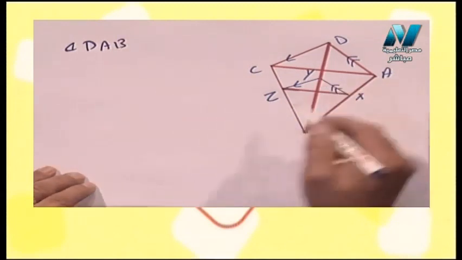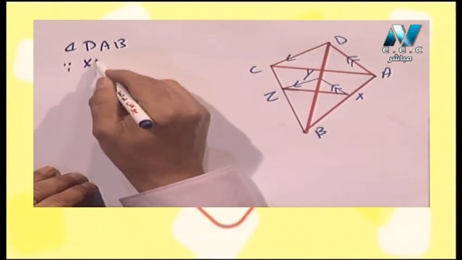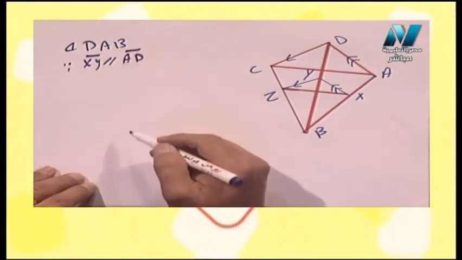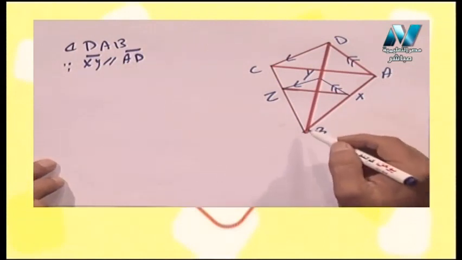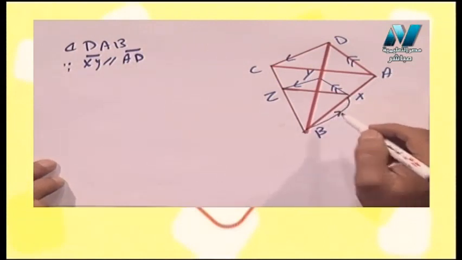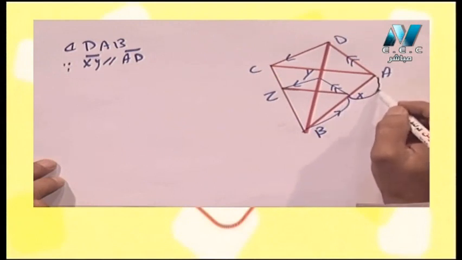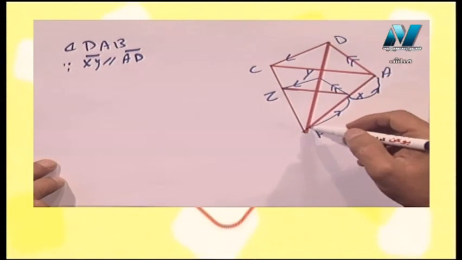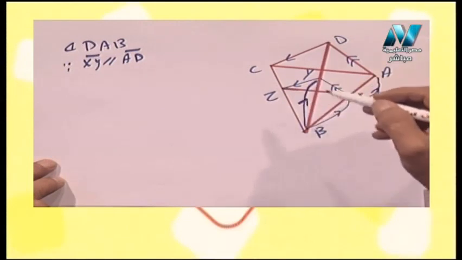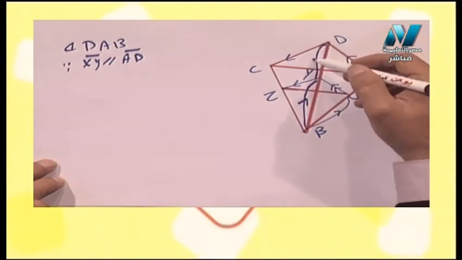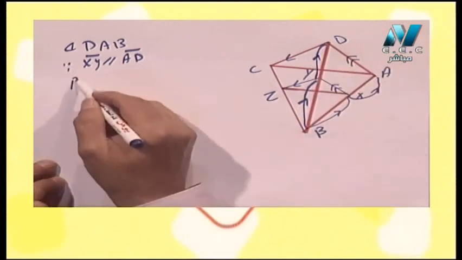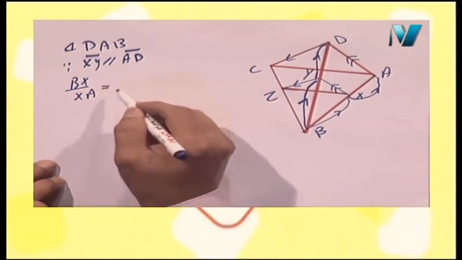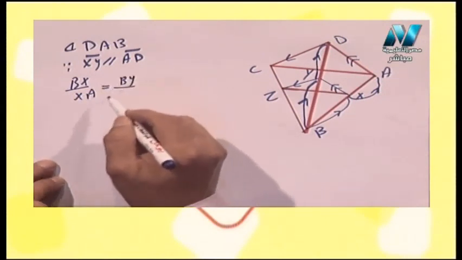We have XY parallel to AD, so we can easily deduce that BX over XA equals BY over YD. BX over XA equals BY over YD. This is one proportion.